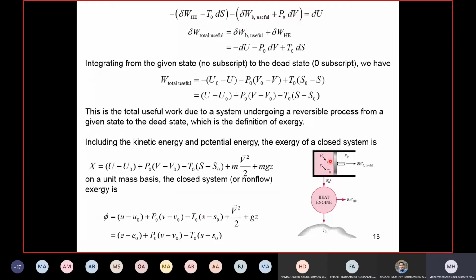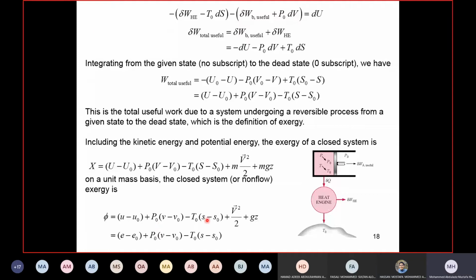So at P naught and T naught, we'll get V naught. If this is an ideal gas, we'll calculate P naught V naught equals R T naught, so we can get V naught. If it is steam, then we'll go at P naught and T naught and get V naught from the table. Okay, let me ask again, is that clear, this term? Yes. And you can also calculate from the table.